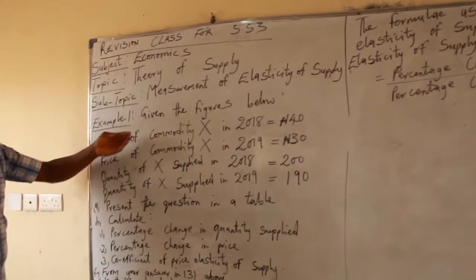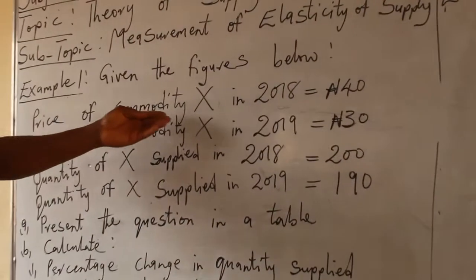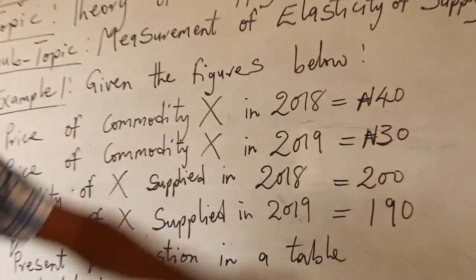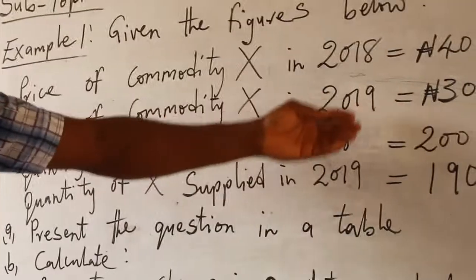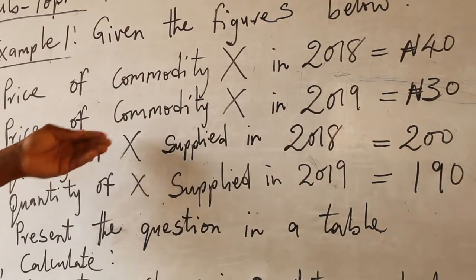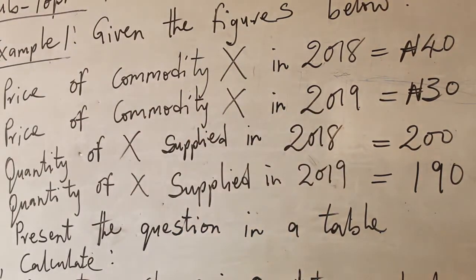Example 1 says, given the figures below: price of commodity X in 2018 equals 14 naira. Price of commodity X in 2019 equals 13 naira. Quantity of X supplied in 2018 equals 200.